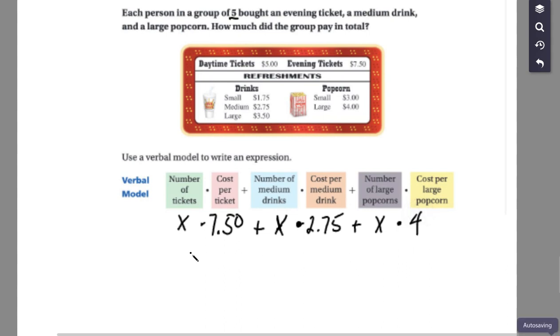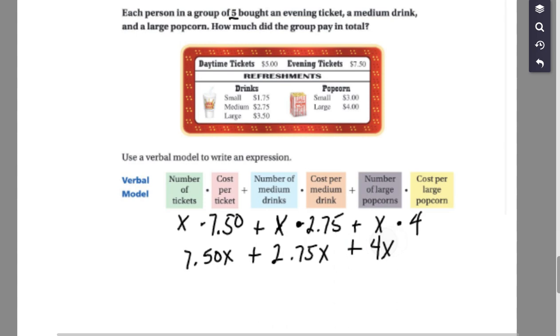So that's going to be $7.50X plus $2.75X plus 4X, like that right there. Okay, so we represented all of those things, and we wanted to use an X in case next time there's a different number than just 5 people going.